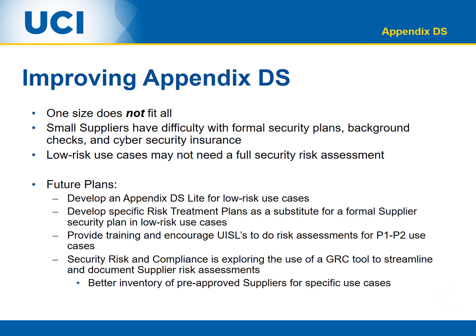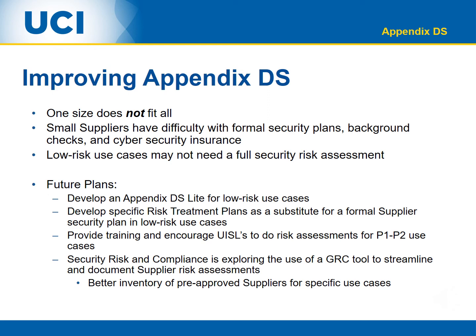So what we're looking at for future plans is we're trying to develop an Appendix DS Lite for low risk use cases with fewer and more simplified questions. We want to develop some risk treatment plans, so if a supplier doesn't have a security plan, they can fill out a risk treatment plan and we can get an idea of what their security maturity is.